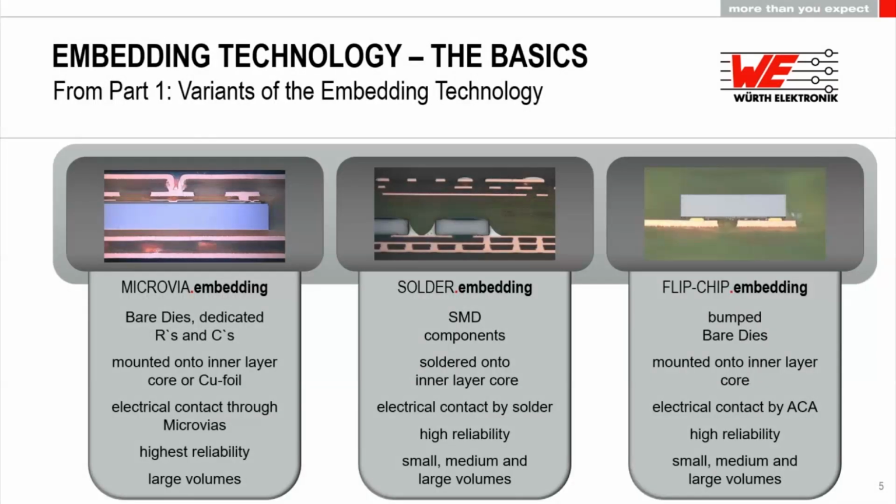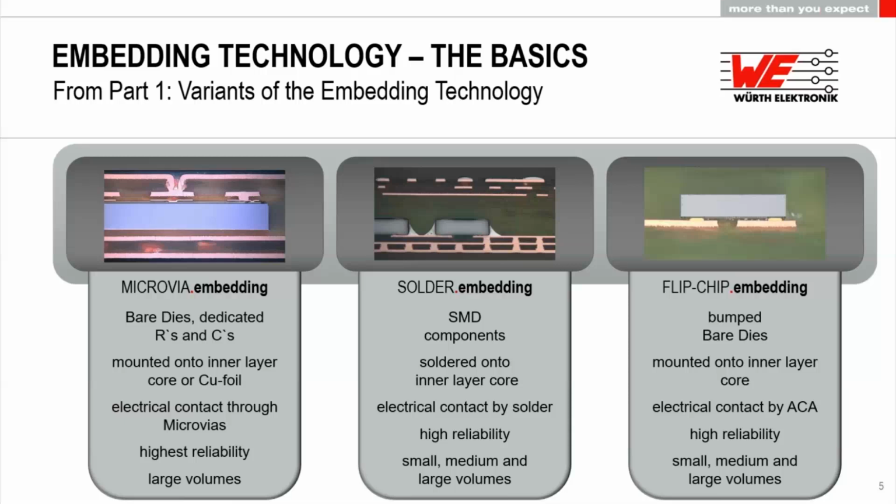So what did I show you in part 1? We were talking about how embedded components are realized. I showed you the basics about our 3 technologies, which we can offer here at Würth Elektronik, which would be either embedding components into the PCB and contact them by microwires, or assemble components in a solder process onto inner layer cores and embed them.